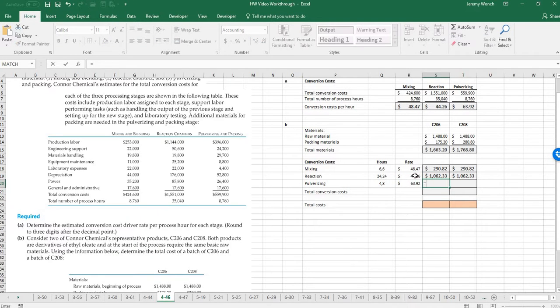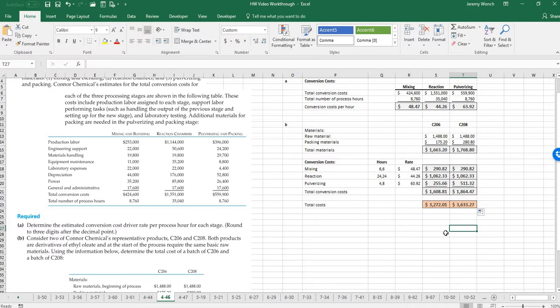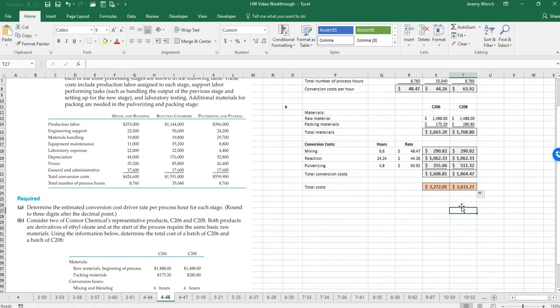Then for the pulverizing, we have 4 hours for job 206 and 8 hours for job 208. Now if we add our raw material cost plus our conversion cost, that gets us the total cost for each one of the jobs. Our product 206 costs $3,200, and our 208 product costs $3,600.